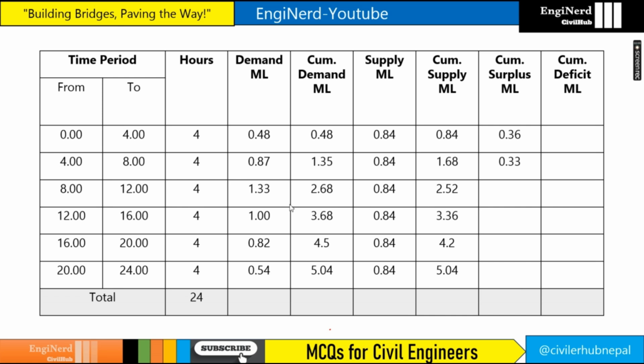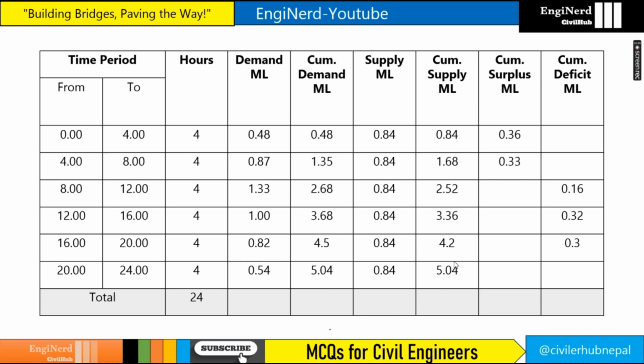Now, if you see here, cumulative demand is more, 2.68, than cumulative supply, 2.52, so we go to cumulative deficit, and the difference between these two values is 0.16. Similarly for 0.32, it will be in deficit because the cumulative demand is greater. Similarly, the difference between 4.5 and 4.2 is 0.3, and the greater is on the cumulative demand side, so it will be in cumulative deficit. The last one will not be anything because there is a tie.